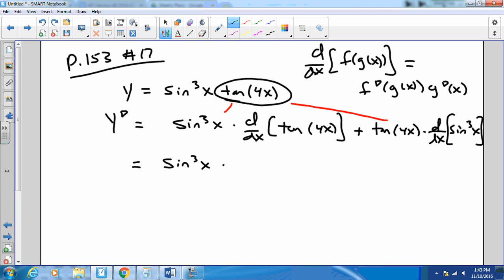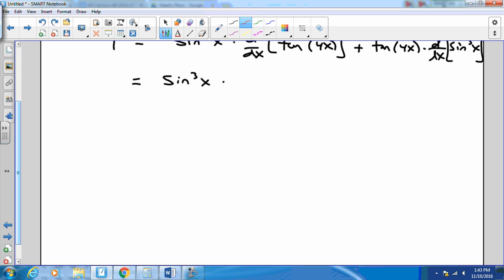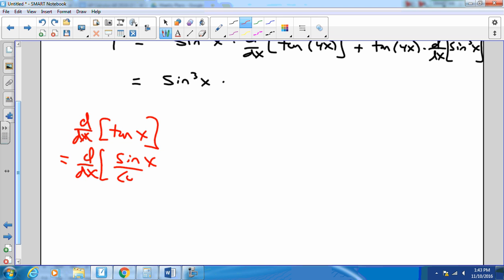So what is the derivative of that outside function tan? Nope, don't look. Derive it. If you don't know, you have to derive it.